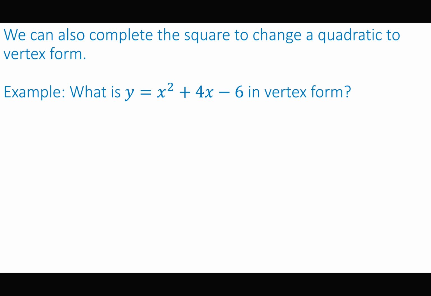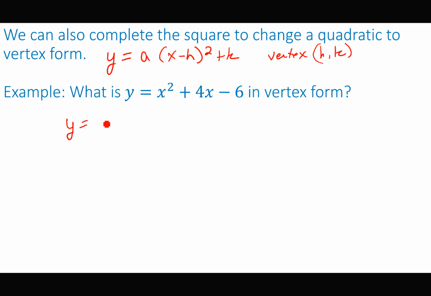We can also complete the square to change a quadratic to vertex form. So again, remember, vertex form is a times x minus h squared plus k, with a vertex of h comma k. So we want to change this one into vertex form. We can do this by completing the square.